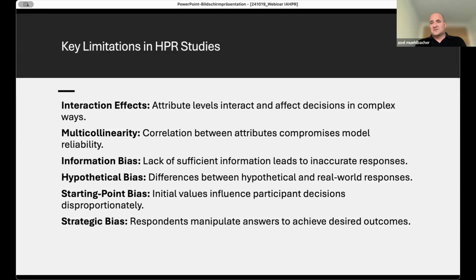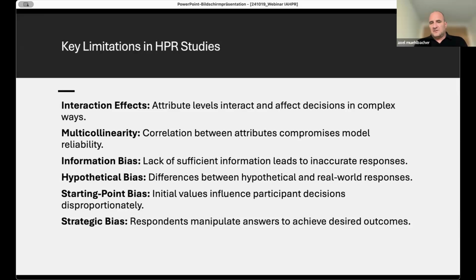We have differences between what people are answering within surveys and qualitative research with hypothetical scenarios, and there might be differences to what they do in real life once they are confronted in reality with the same trade-offs. And if there are differences, the estimates of our preference research might not reflect reality, and everything we're trying to deduce for the future might be wrong.